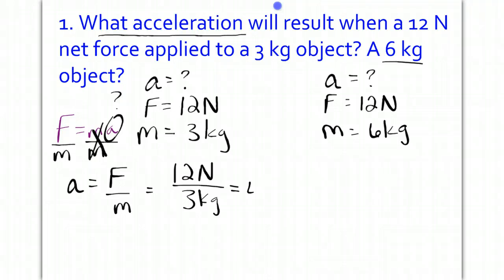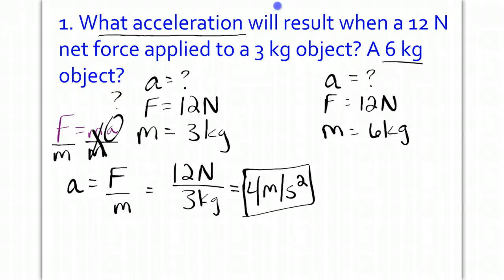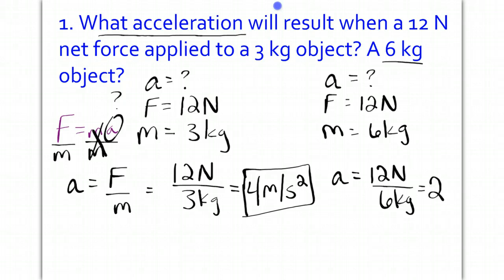And 12 divided by 3 is going to give me 4. Newtons divided by kilograms gives me an acceleration of 4 meters per second squared. Here again, acceleration is going to equal the force, 12 newtons, divided by the mass of 6 kilograms. And in this case, we get 2 meters per second squared.